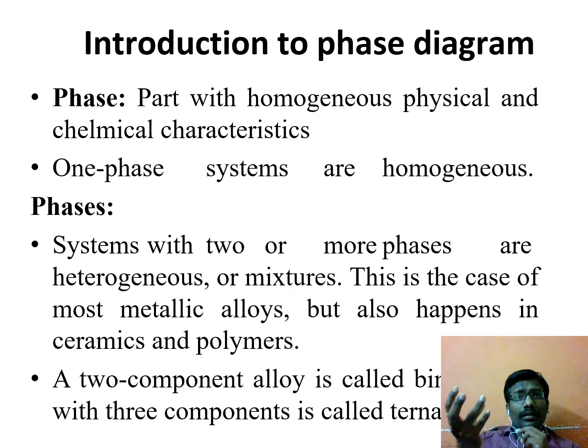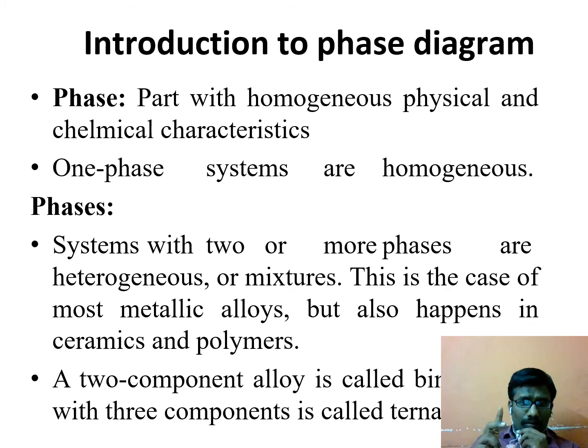A phase is a part with homogeneous physical and chemical characteristics in a structure. A one-phase system we call a homogeneous phase. Some systems have two or more phases, which we call heterogeneous or mixtures. This happens in metallic alloys, ceramics and polymers.